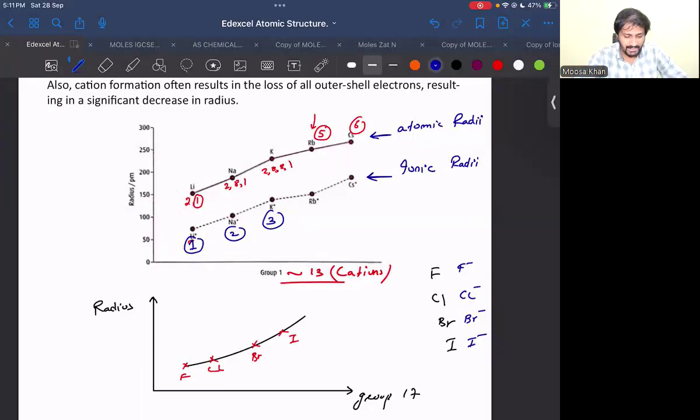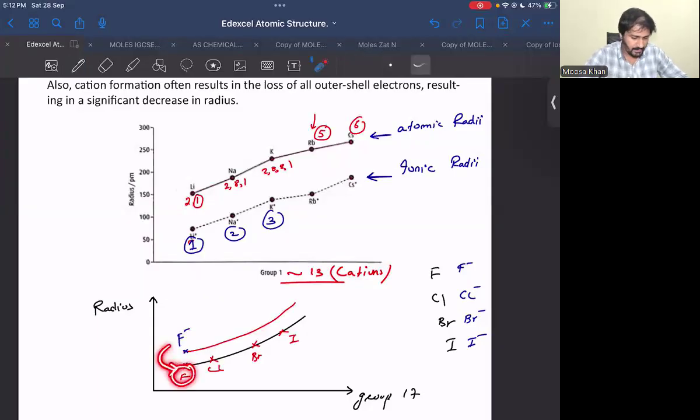So if we see the trend of ionic radius down group 17, or any other group which gains electrons to form a negatively charged ion, their ionic trend should be like this. The fluoride ion must have a slightly bigger radius as compared to its corresponding fluorine atom. A chloride ion must have a slightly bigger ionic radius as compared to the chlorine atom.